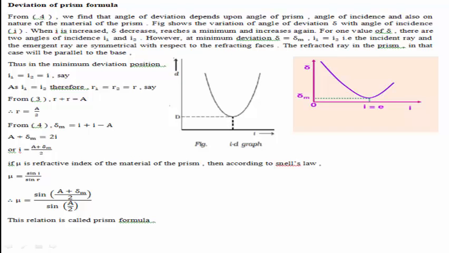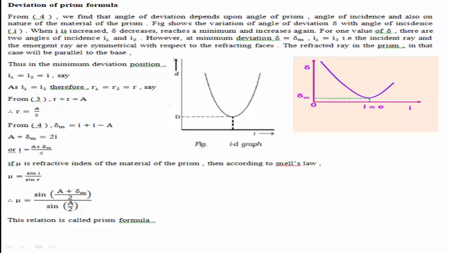For one value of delta, there are two angles of incidence, I1 and I2. However, at minimum deviation, delta is equal to delta M when I1 is equal to I2. That is, the incident ray and the emergent ray are symmetrical with respect to the refracting faces. The refracted ray in the prism in that case will be parallel to the base.